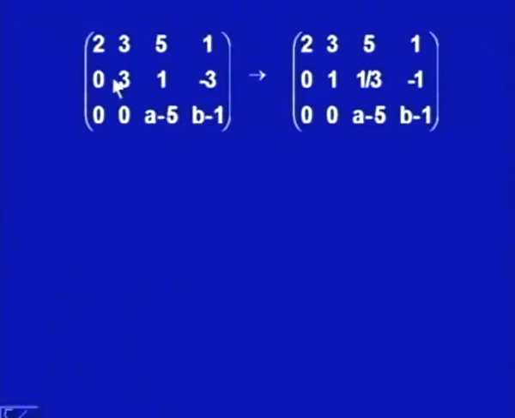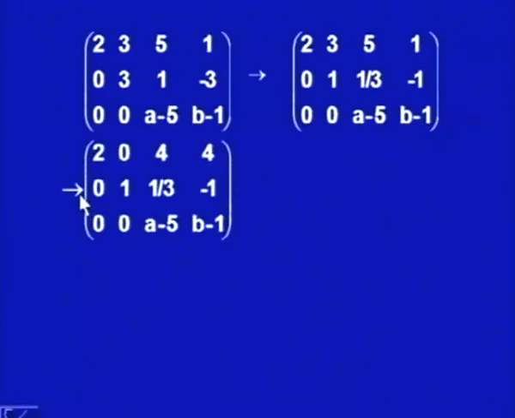If I start with this and apply linear transformations again, then this can be reduced in this form. What I have done is I have divided the second row by 3. So, it is 0, 1, 1/3 and minus 1, and 0, 0, a minus 5 and b minus 1.